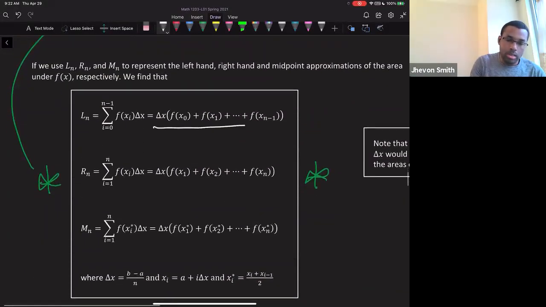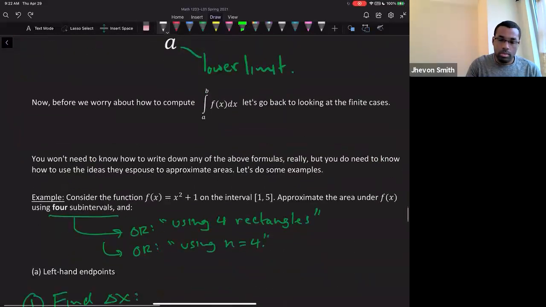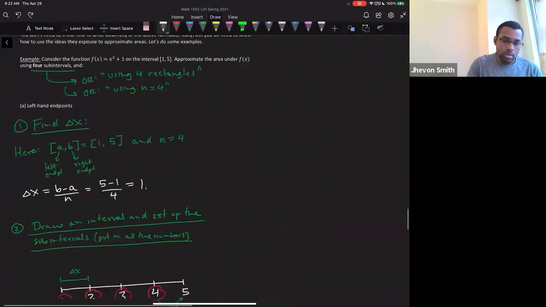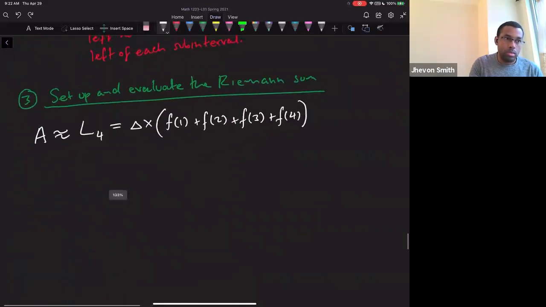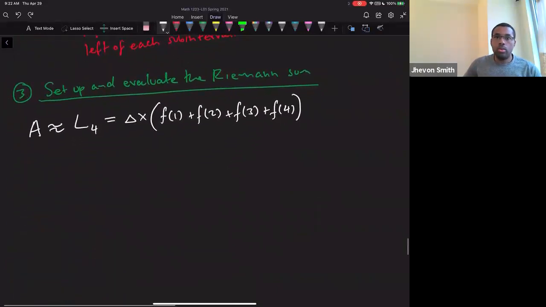I'm using this format here, right? Notice that it starts at x0, goes all the way up to xn minus 1, which is 4 in this case. So that's what we have.